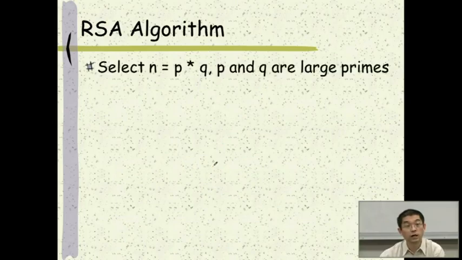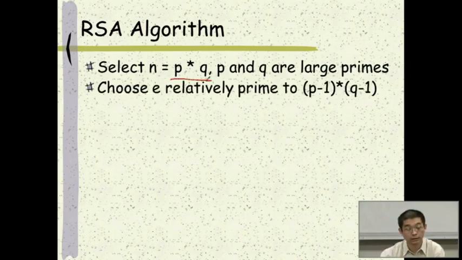In the RSA algorithm, what the user does is select two prime numbers, P and Q, and then multiply these two prime numbers to get N. Then they choose a number E, not necessarily that small, but smaller than N for sure, which is relatively prime to (P minus 1) times (Q minus 1).